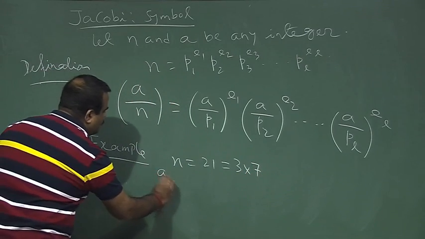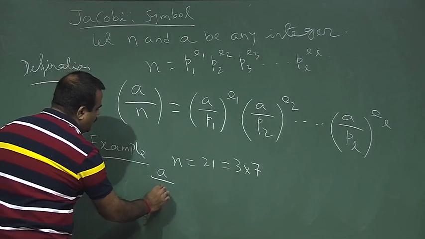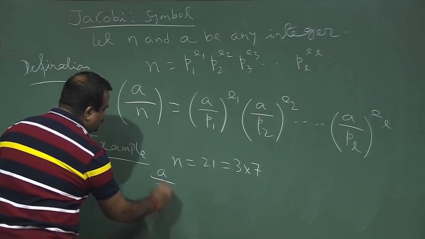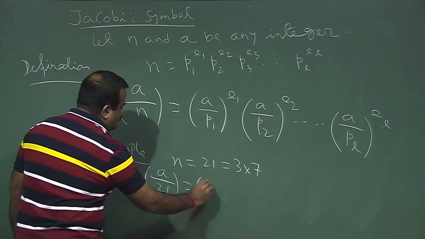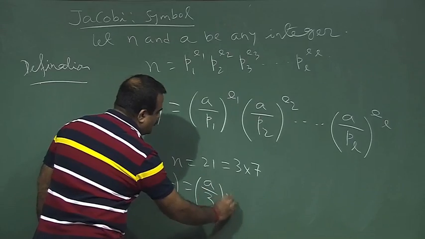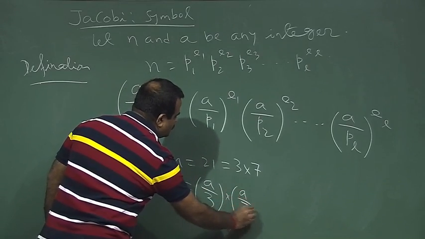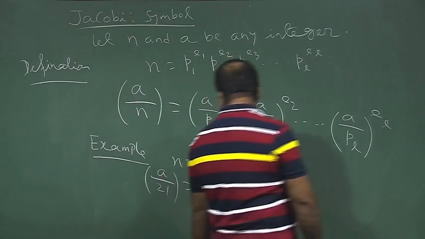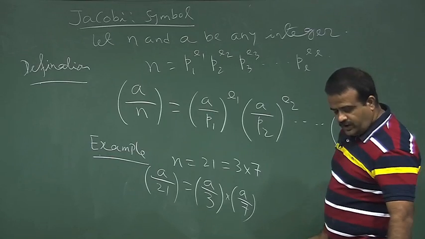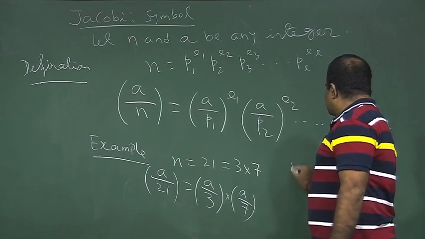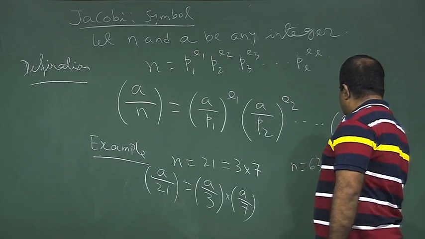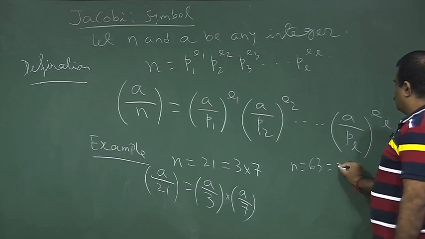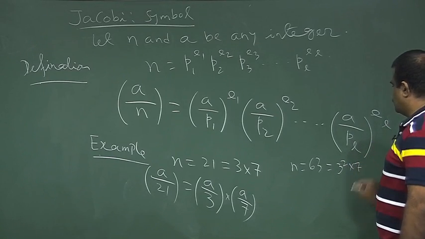Now (a by 21) is defined as (a by 3) times (a by 7). If n is equal to, say, 63, this is 3 squared times 7.